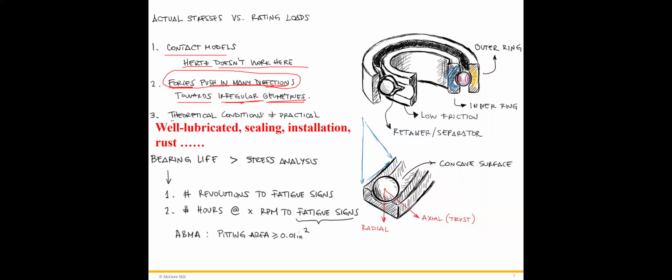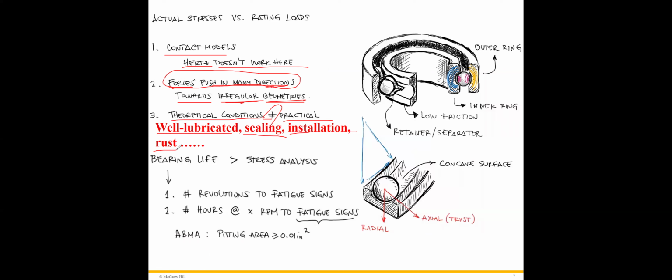Therefore, the theoretical conditions are not equal to the practical conditions because of many factors, like whether it's well lubricated, how the sealing is, its installation, or maybe the ball or the roller is rusted, which will increase the friction.